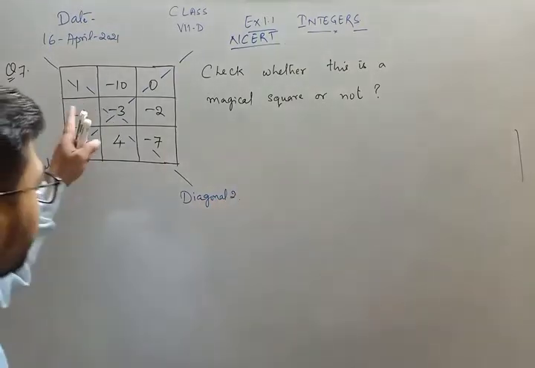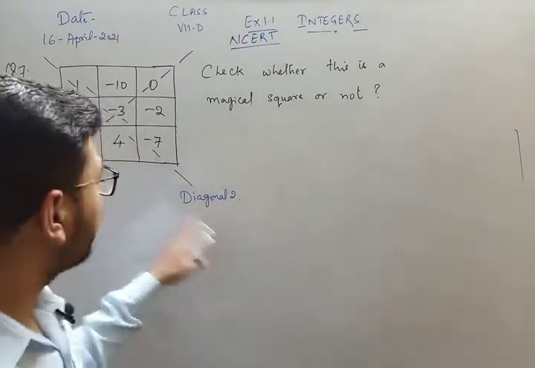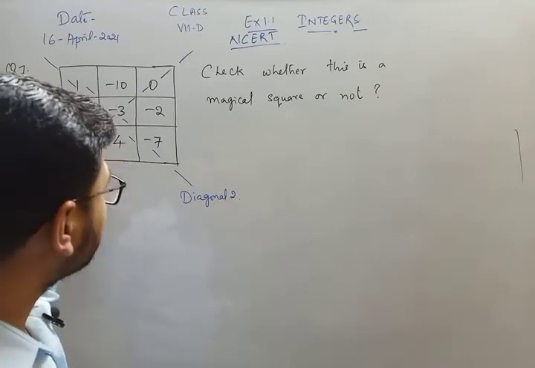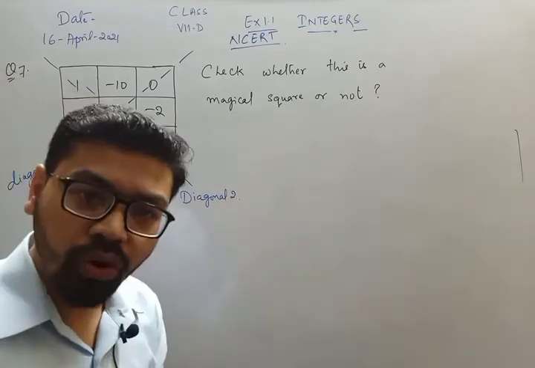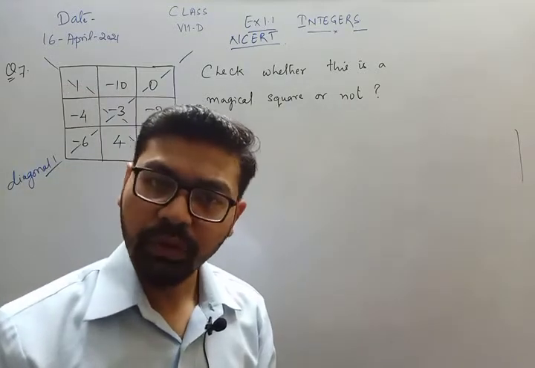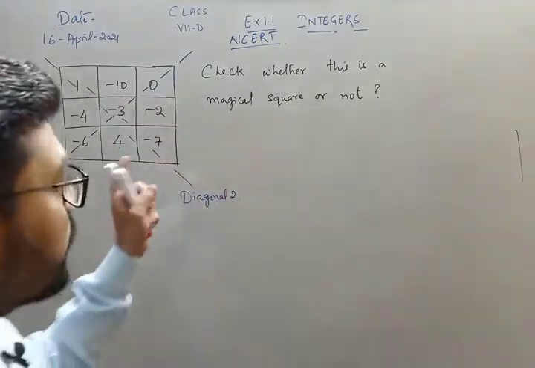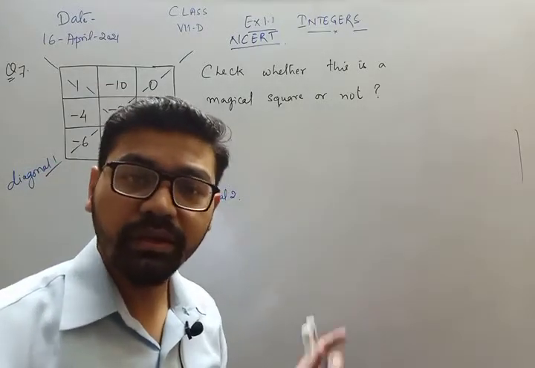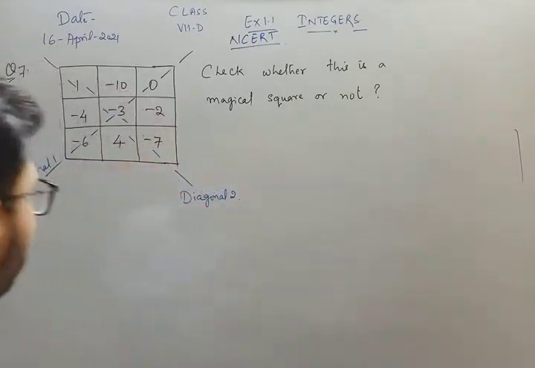If the summation of diagonal 1 is equal to diagonal 2, and the summation of these diagonals is equal to the summation of the elements of all rows and all columns, only then can it be said that this is a magic square, otherwise not.